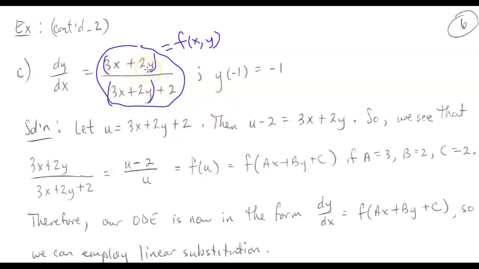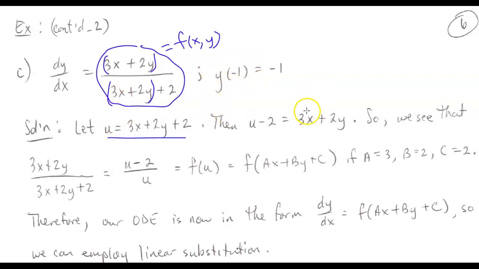So that lets us know that we could do our linear substitution where we let u equal 3x plus 2y plus 2. Okay. Now, since we know what u is, of course, the goal is to figure out what y will be and what dy over dx would be.